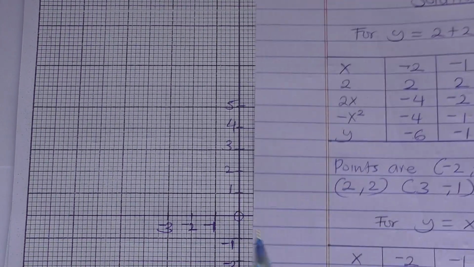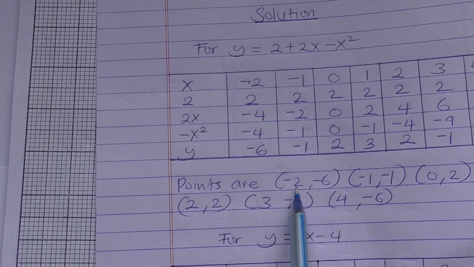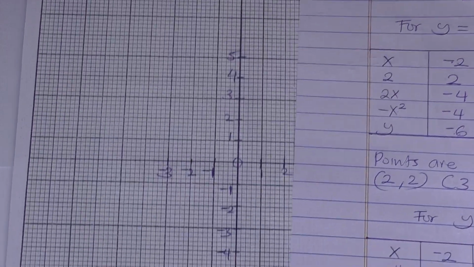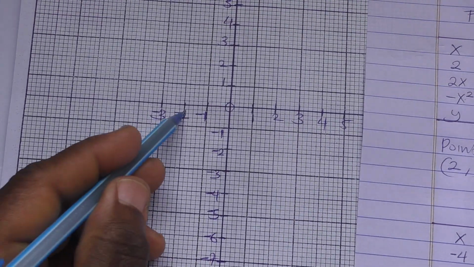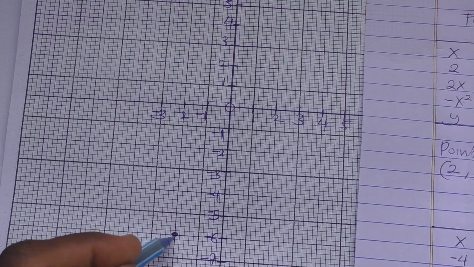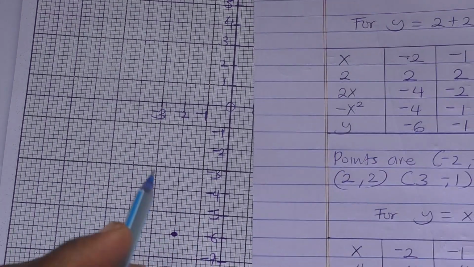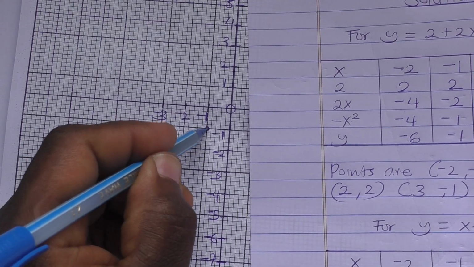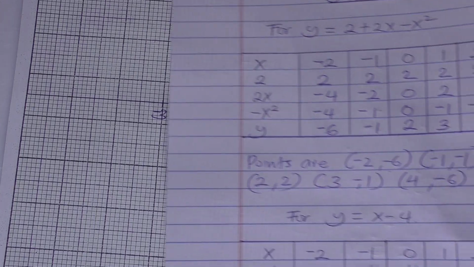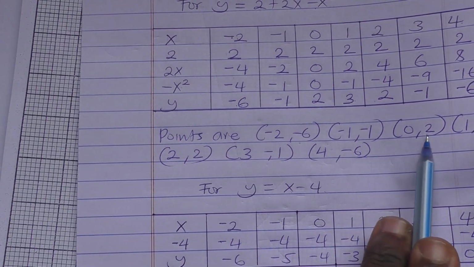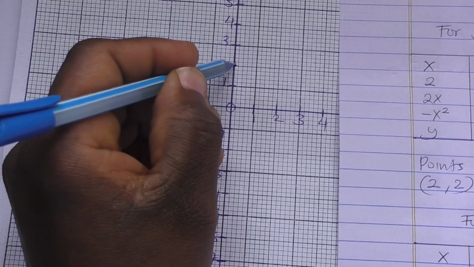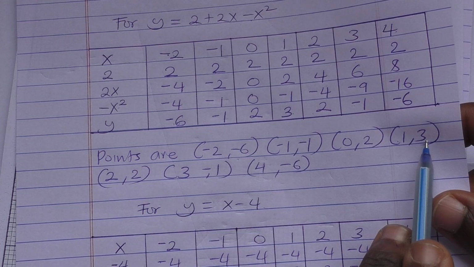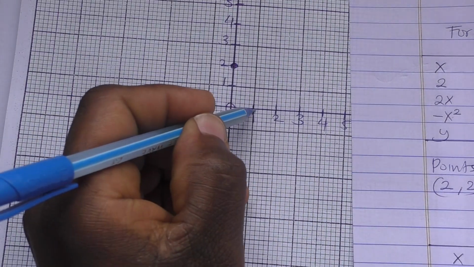So we shall start with that of a curve, which is (-2, -6). (-2, -6) is down here. Then we have (-1, -1). This is it. We shall have (0, 2). (0, 2) is here. We shall have (1, 3). (1, 3) is here.